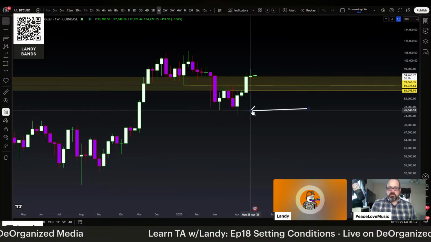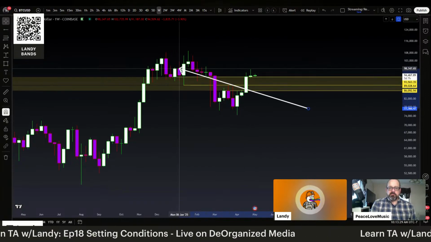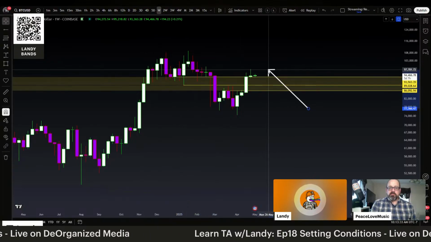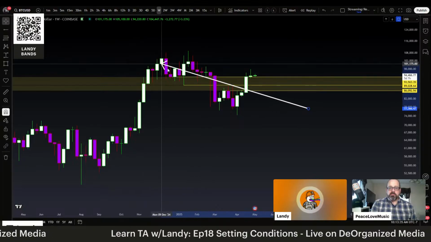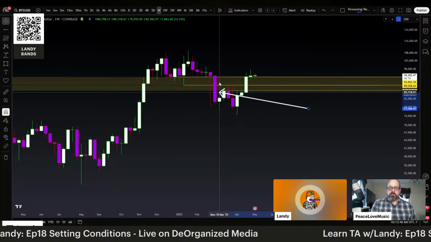We also have some other areas of interest. We have a close open right here, which is pretty confluent with this close open over here in the mid-range of the consolidation here prior to the breakdown.